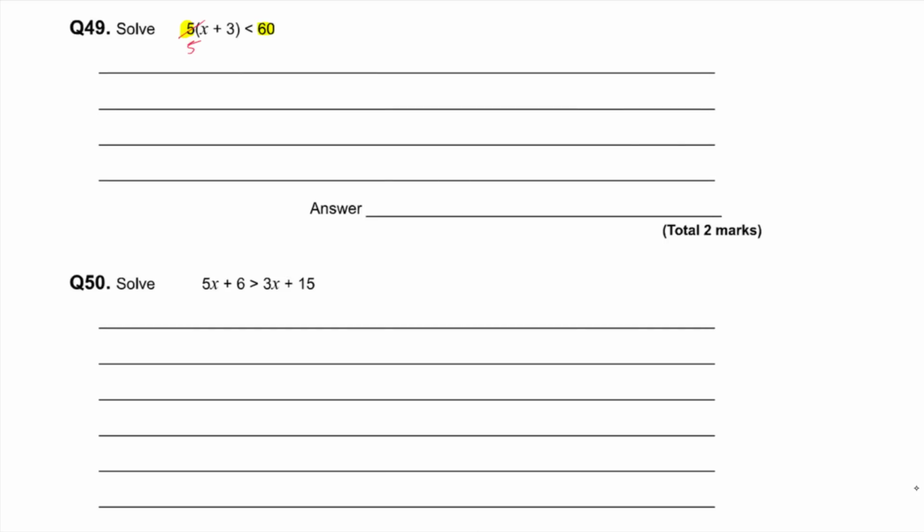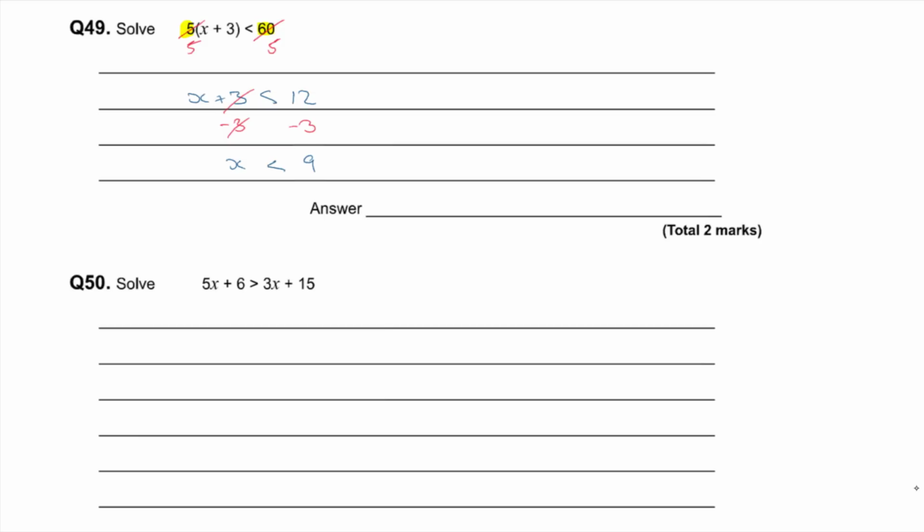So dividing by 5, that's going to give me x plus 3 on the left, and that is less than 5 into 60, which is 12. And then subtracting 3 from both sides, they'll cancel, and that will leave you with x is less than 9. Now if you do multiply out the brackets, you'll still get the same answer. It'll just take you longer because there are more steps.